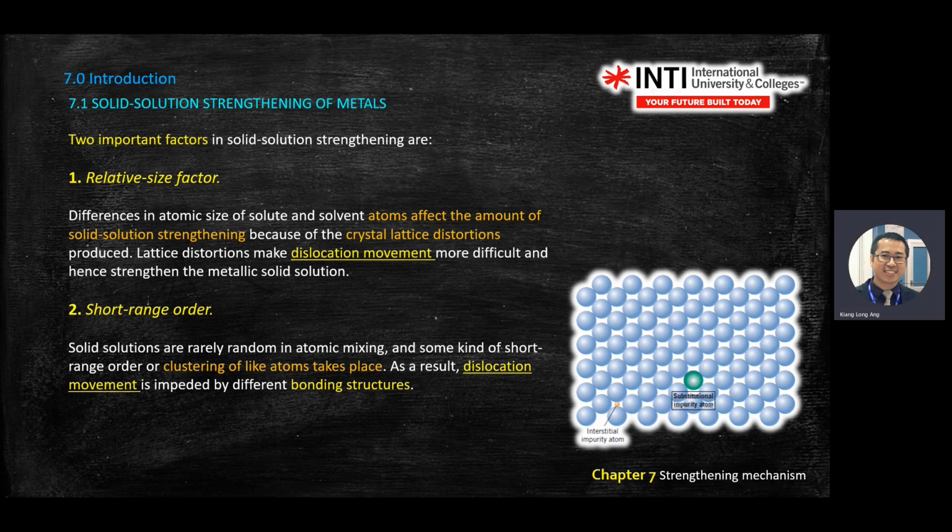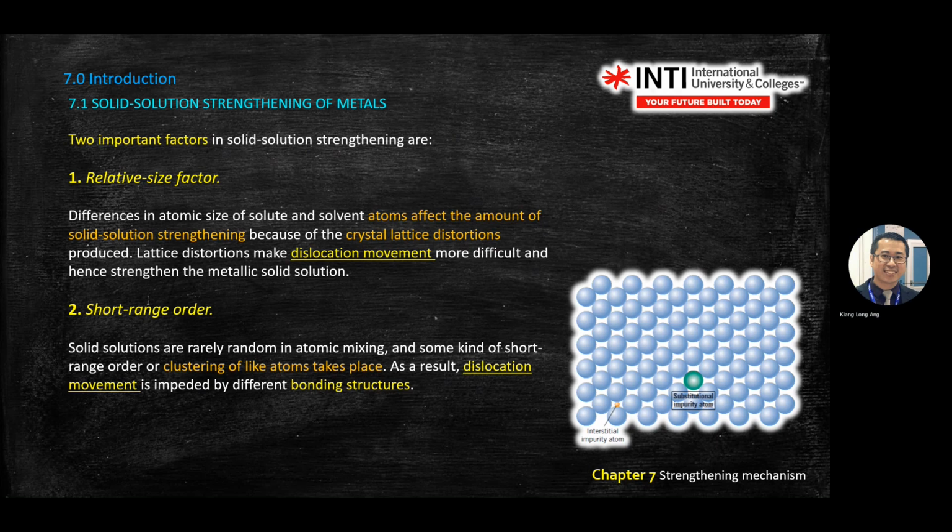This one is more on the bonding structure. Later, when you learn about polymer, in the last chapter, there's long range and short range. Even in the previous introduction chapter, you have been told what is long range, what is short range.